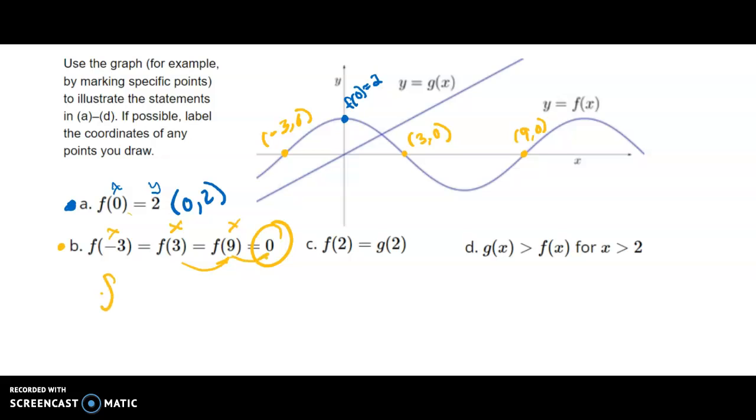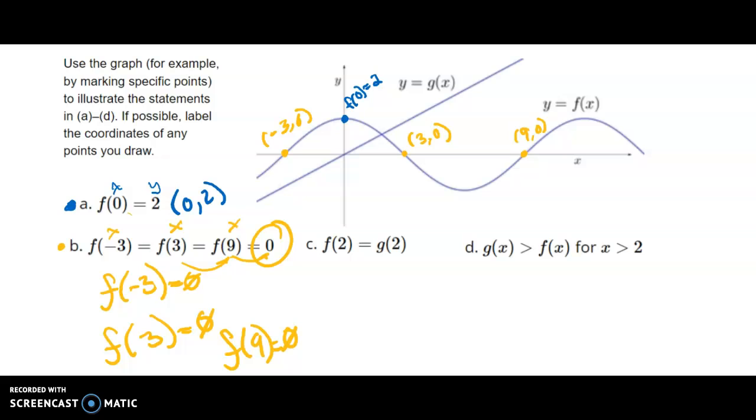So realistically, I could write it out like this. I could break all of these up and say that they're all 0, and then f of 9 equals 0.